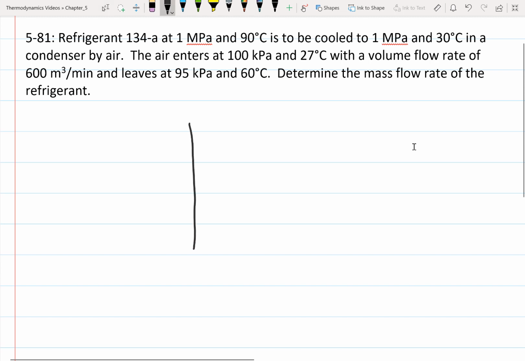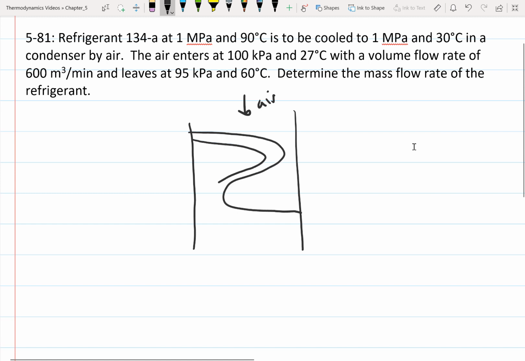And I'm going to draw, let's just say this is a duct or something that has air flowing through it. And then we have this pipe with the refrigerant flow that goes through this duct, or whatever it is.